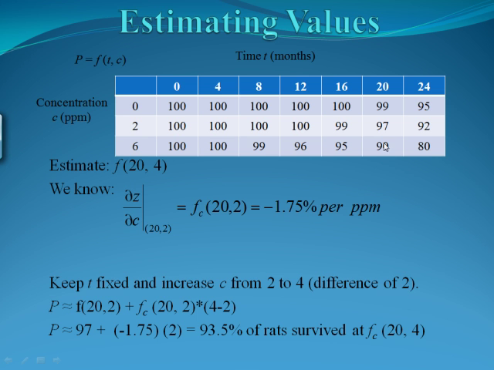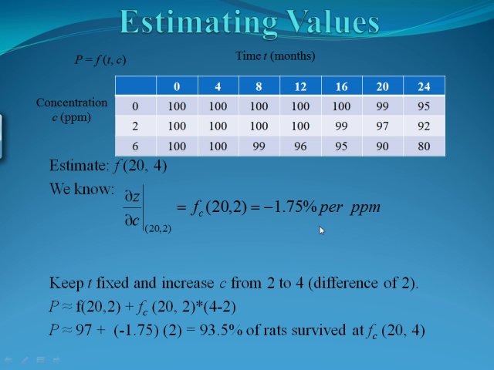So since we don't have the value of 4 for concentration, we want to use the partial derivative with respect to concentration to get an estimated value to represent that 4. So in the last slide, we calculated that the partial derivative with respect to c at 20, 2 was negative 1.75 per parts per million.